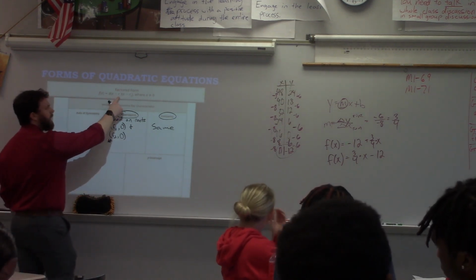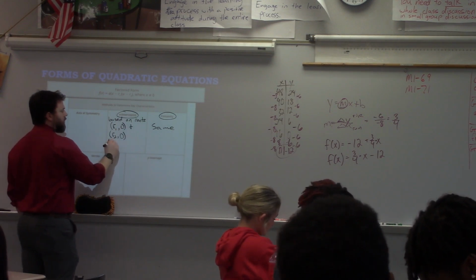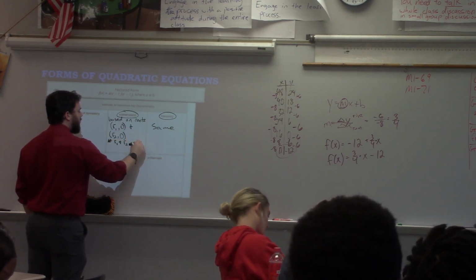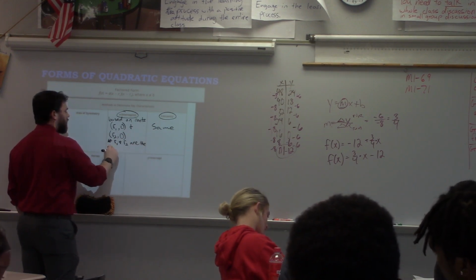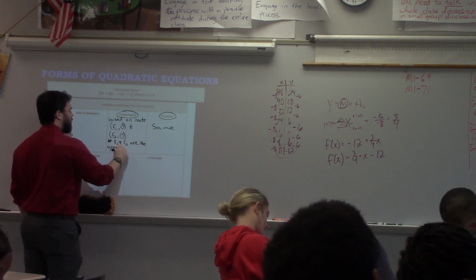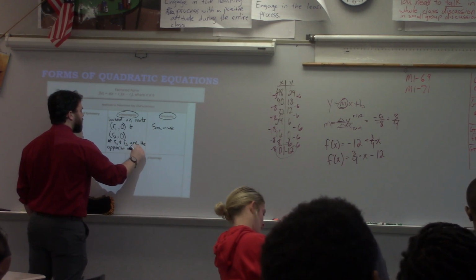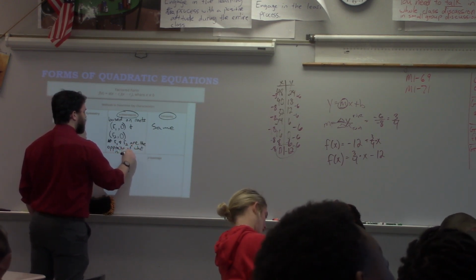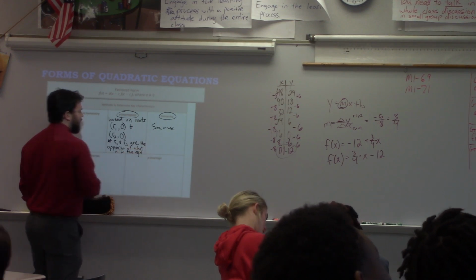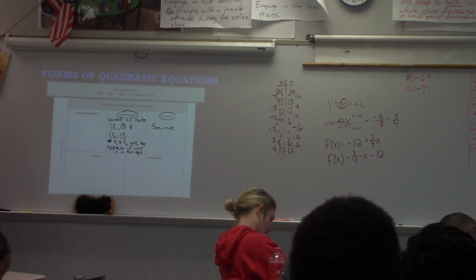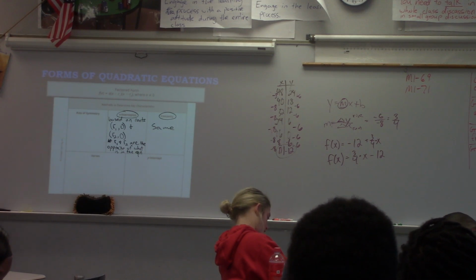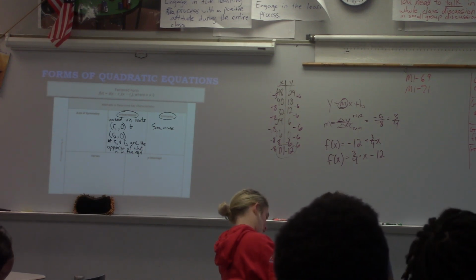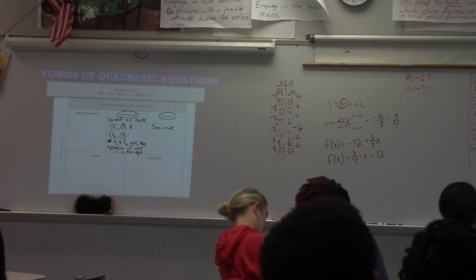Because it's x minus R1 and x minus R2, R1 and R2 are the opposite of what is in the equation. And that's one of those cases where, once again, you can memorize it, but if you know that it's x minus R1 and x minus R2, then you know that you need the opposites.